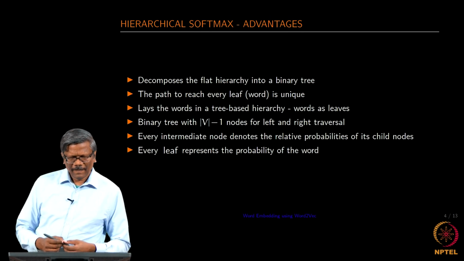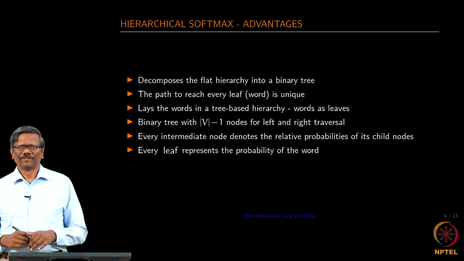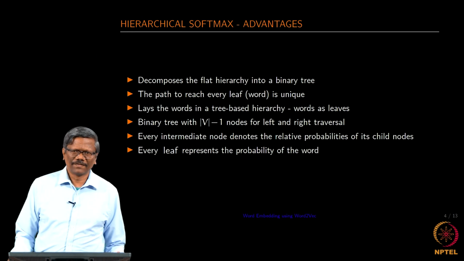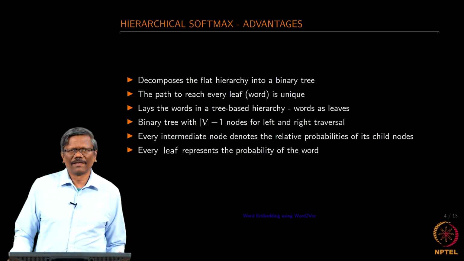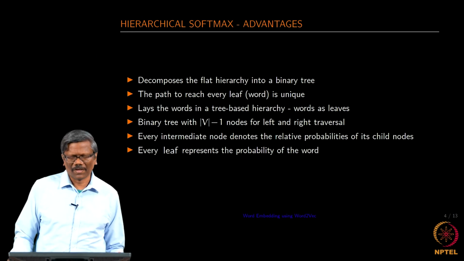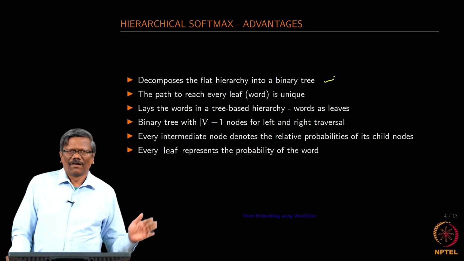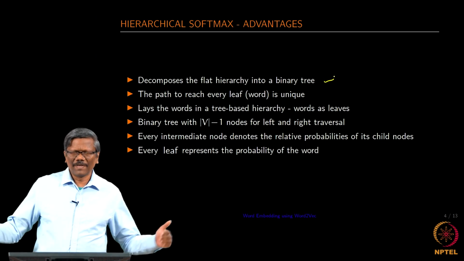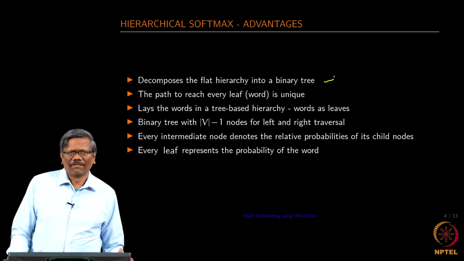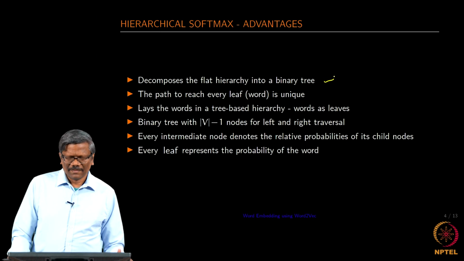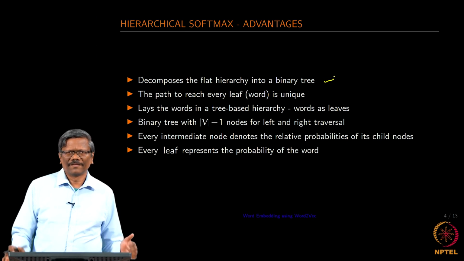Okay. So, what are the advantages of this? Why should we really care about the binary tree and the hierarchical model? Here are some of the advantages you will see. One is that instead of keeping a flat hierarchy, we now have a binary tree with some depth.